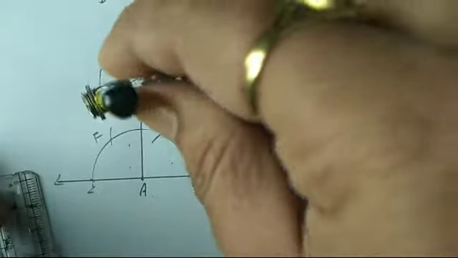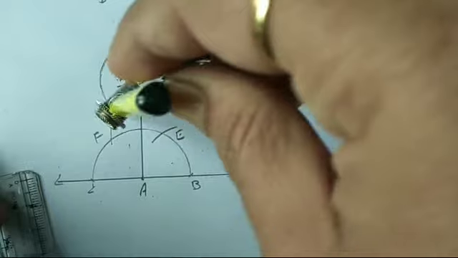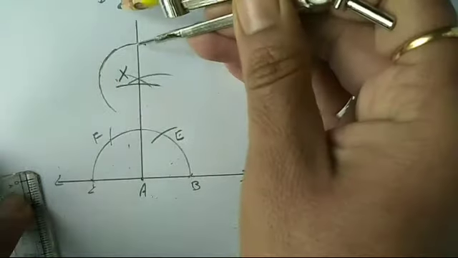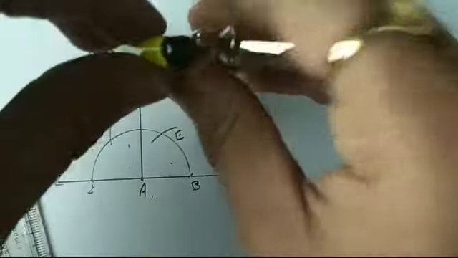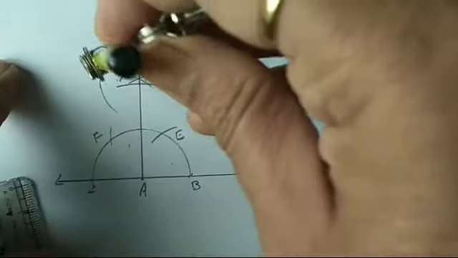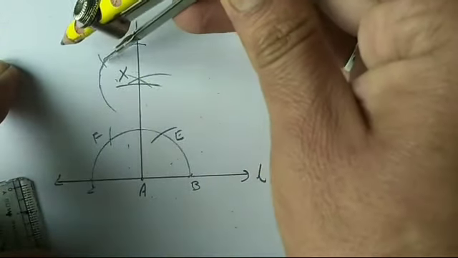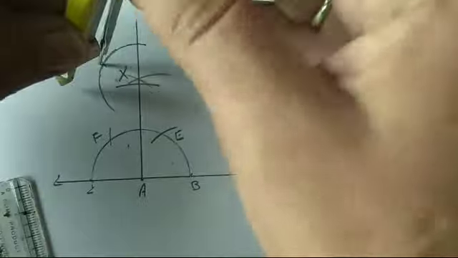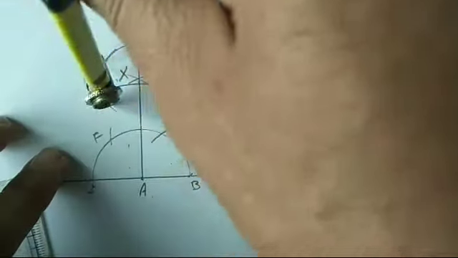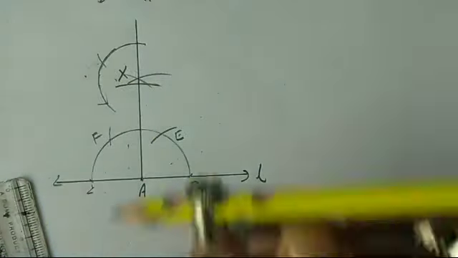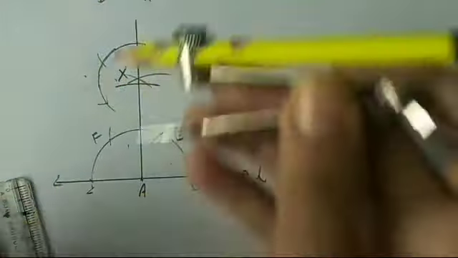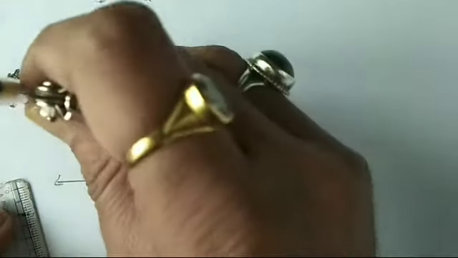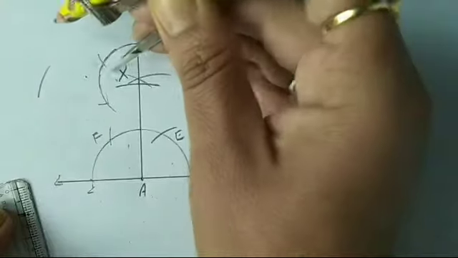We just need 60 and 120 degree. So this is the 60 degree point, and this is the 120 degree point. Now taking these 2 points again, we cut an arc in this direction.